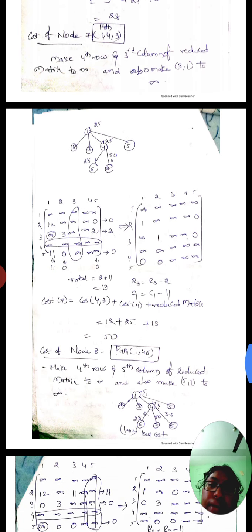Then we have to calculate row minimization. In row minimization, in the second row the minimum value is 0, in the third row the minimum value is 2, and in the fifth row the minimum value is 0.